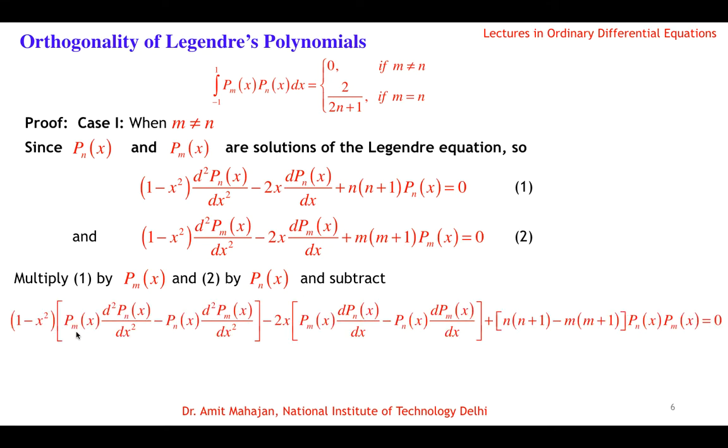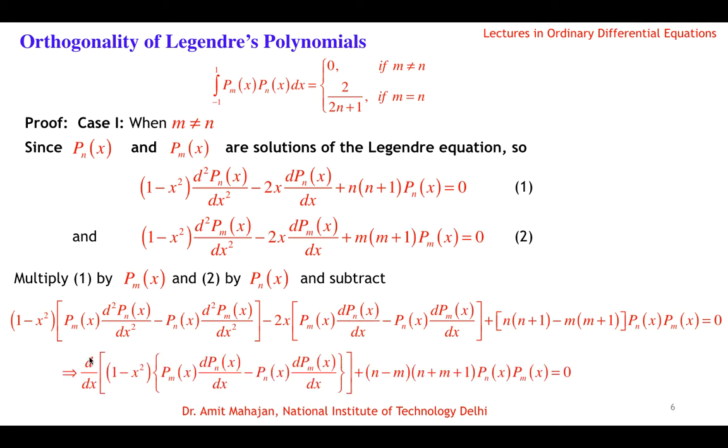Okay, so we can easily rewrite this: 1 minus x squared common into this, minus 2x common into the difference, and plus Pm(x) Pn(x) common into the difference. Okay, so the first term and the second term can be combined into a single derivative term, so it is the derivative of (1 - x^2) times [Pm(x) Pn'(x) - Pn(x) Pm'(x)].